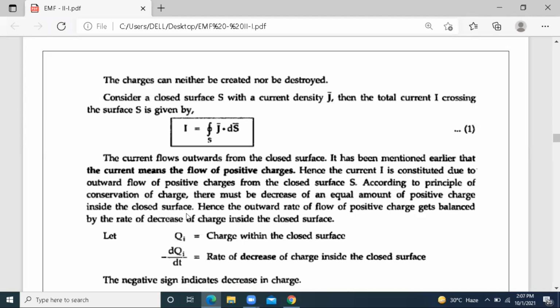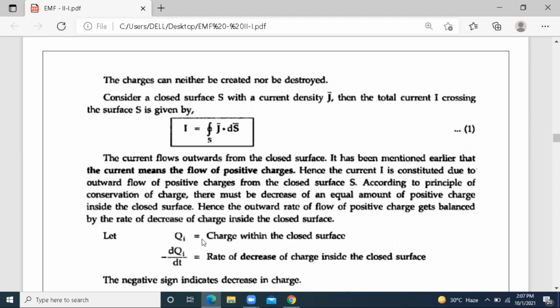And since you can't create charge, wherever it is flowing from, it is decreasing by the same amount which is leaving. Hence, the outward rate of flow of positive charge gets balanced by the rate of decrease of charge inside the closed surface.